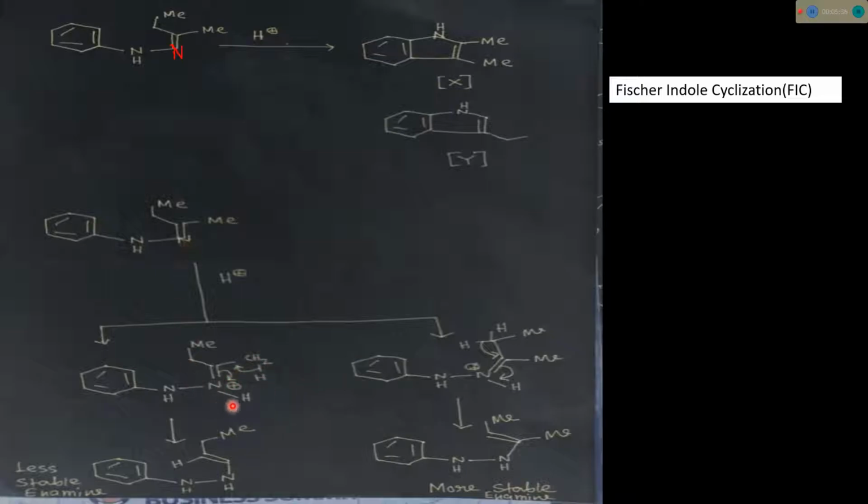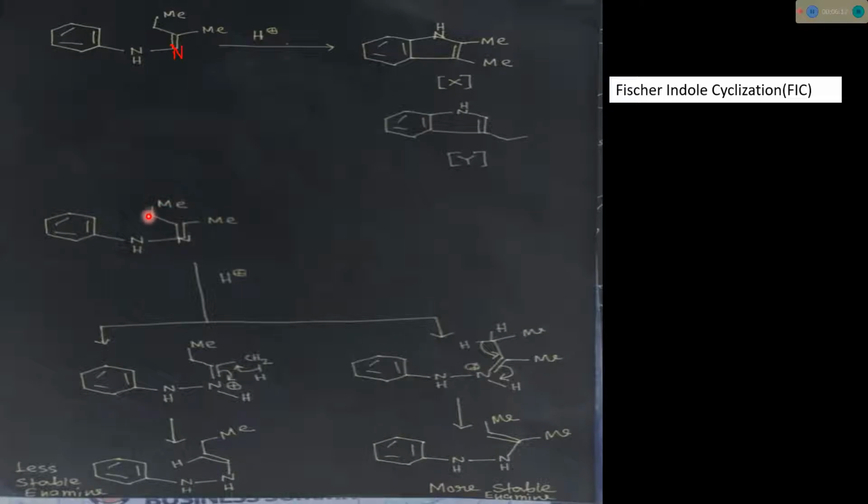After protonation, one hydrogen from this methyl breaks and forms this ene-hydrazine, or you can say this portion is an enamine. Whole portion is an ene-hydrazine, or you can say this portion only is an enamine. The second option is the CH2Me group on that side.